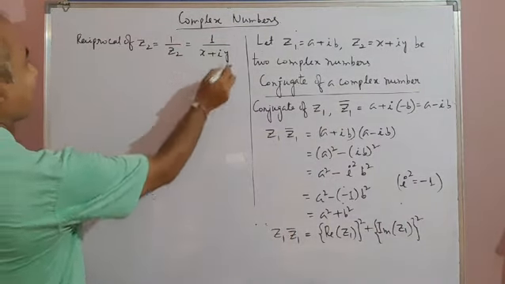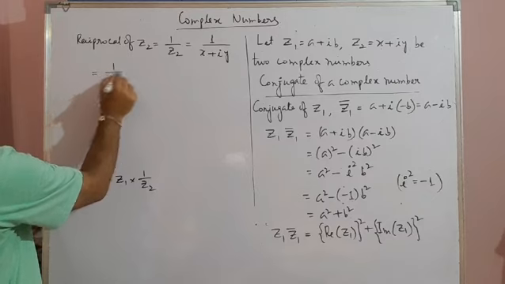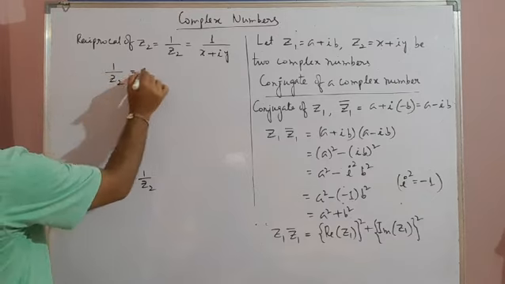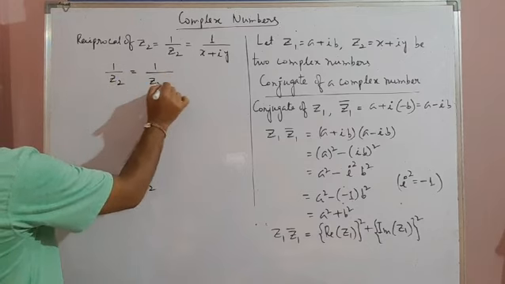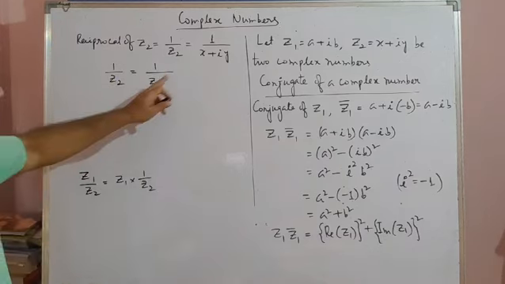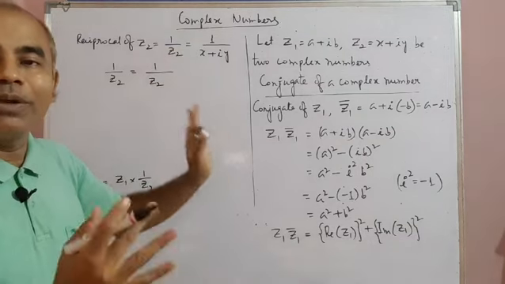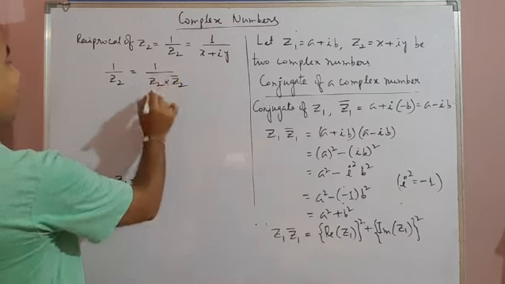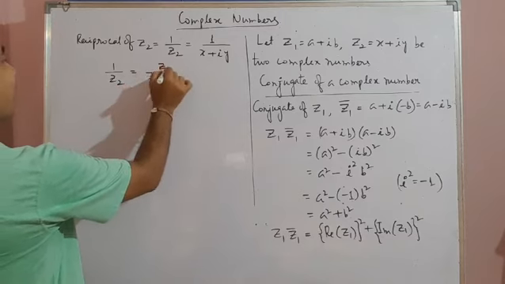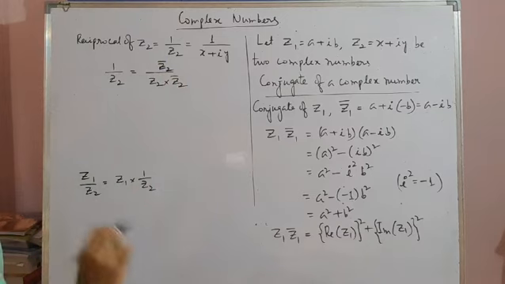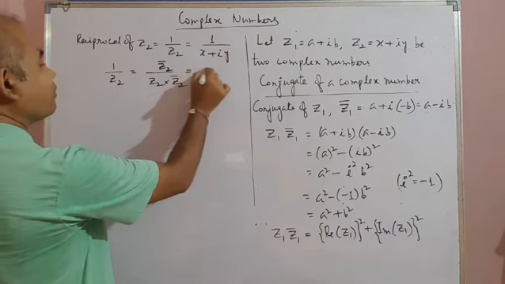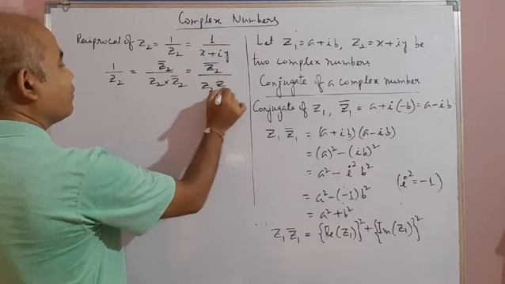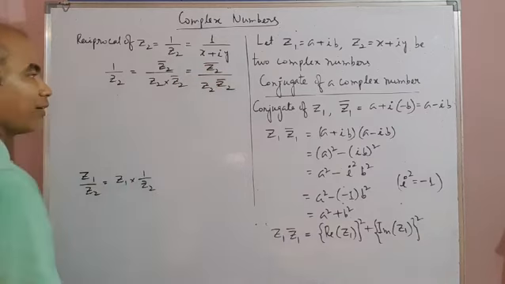As it is x plus iy, whenever we are going to find 1 by z2, that is the reciprocal, I am going to convert the denominator, x plus iy or z2 whatever, to a purely real number, and for that I will multiply it by its conjugate, and the same conjugate I will multiply in the numerator also. That means 1 by z2 is actually the conjugate of z2 by the product of z2 into conjugate of z2.